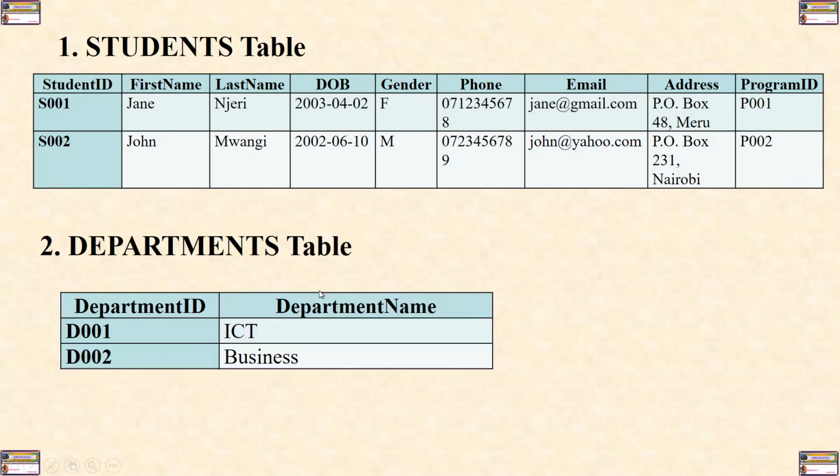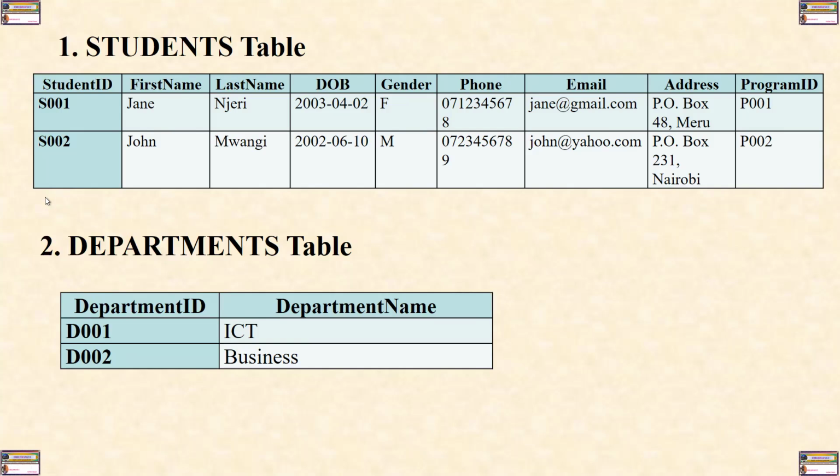The second table is departments. Now look at this new table. This table called departments, as you can see, has two fields. One of the fields was not there in the first normal form table. This field is the department ID.